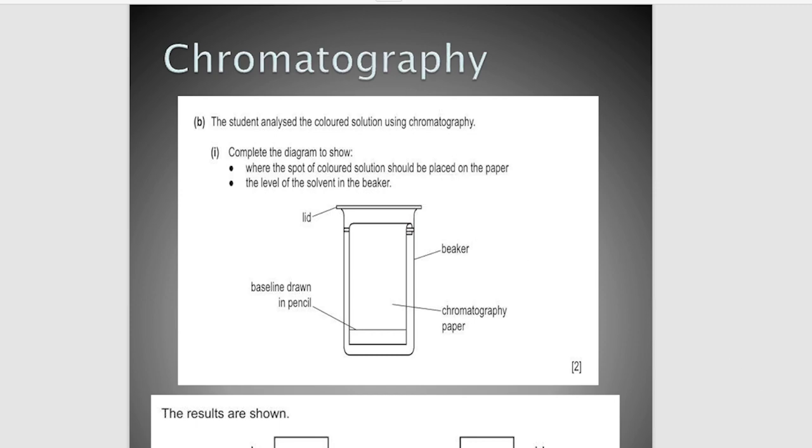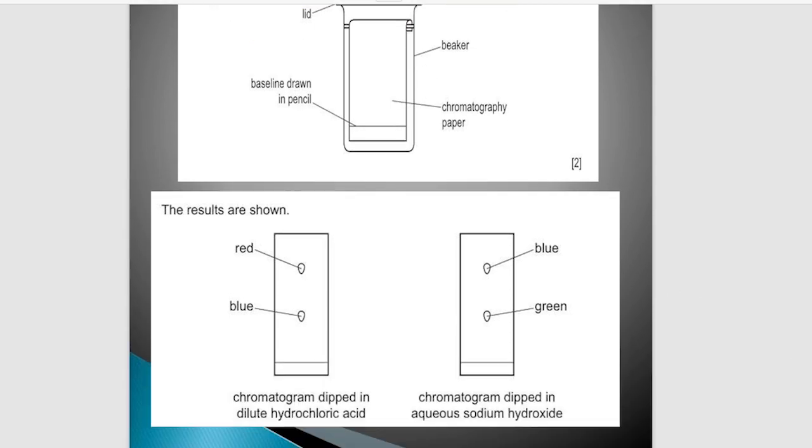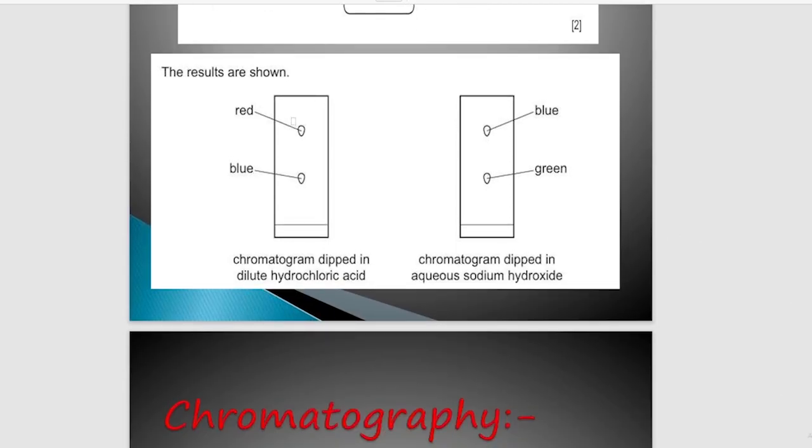Now come towards this exam style question. A student analyzes a colored solution using chromatography. Complete the diagram to show where the spot of colored solution should be placed on the paper, above the level of the solvent. So in the answer, we have to show the spots on the chromatogram. It can be red and blue, right? We can make two more spots. It can be blue and green. The chromatogram is dipped in dilute hydrochloric acid.